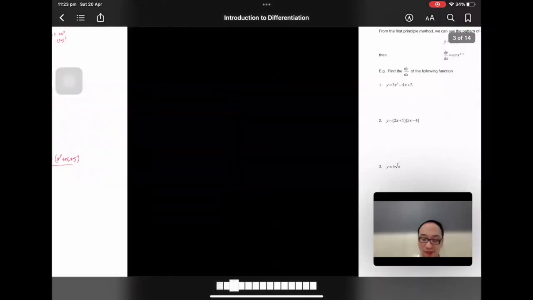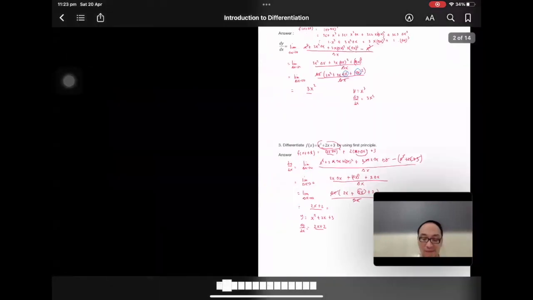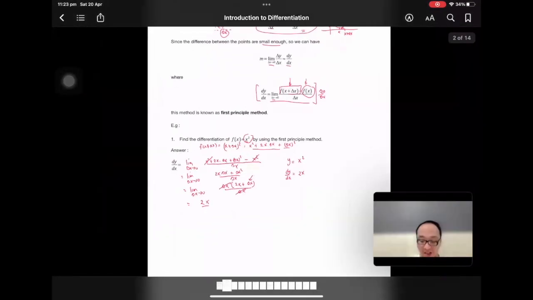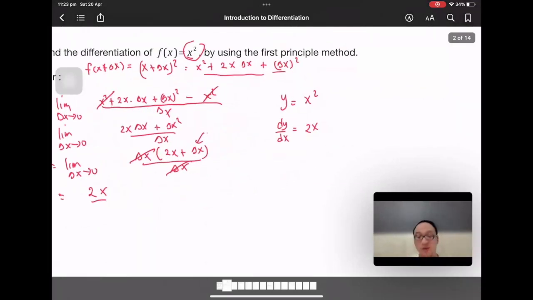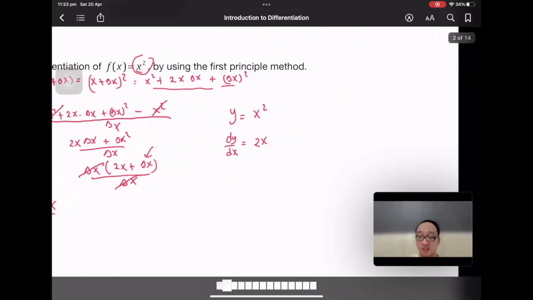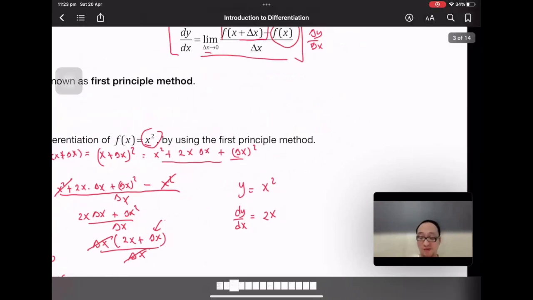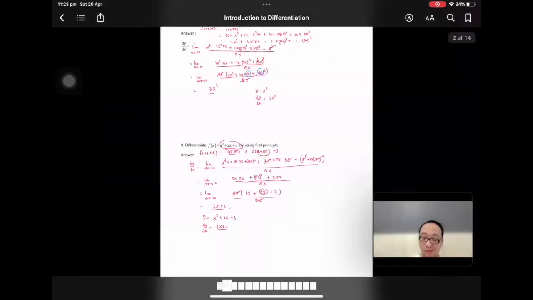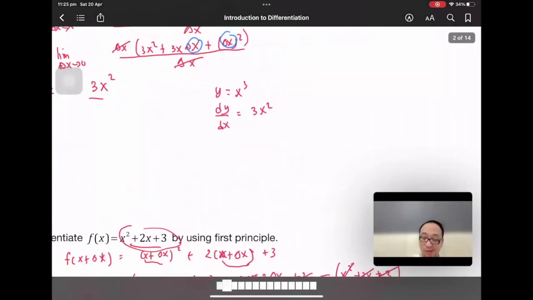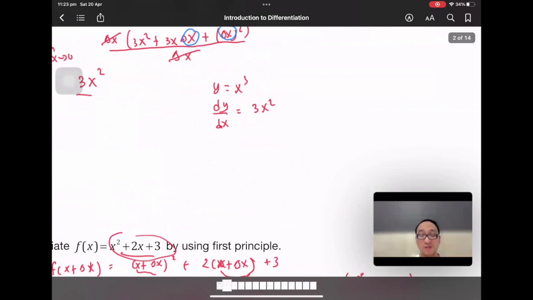Now, if you notice, if we have x squared, we will have the derivative as 2x. If we have x cubed, the derivative will be 3x squared.